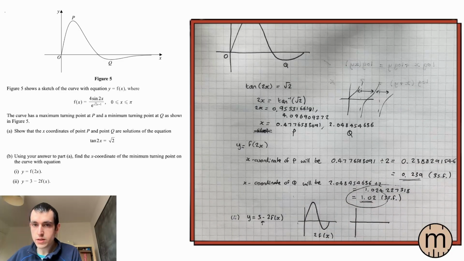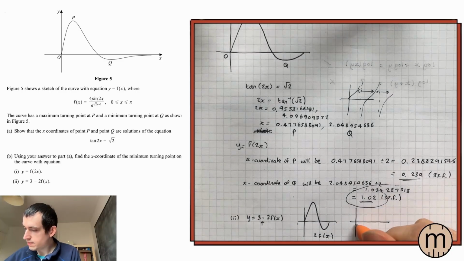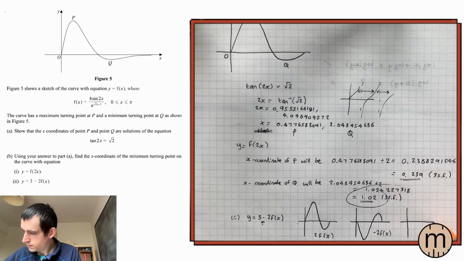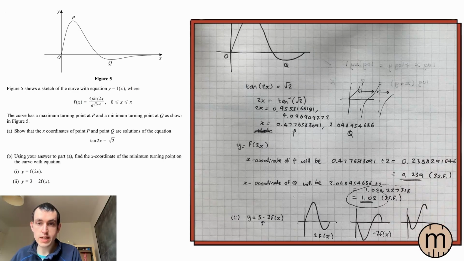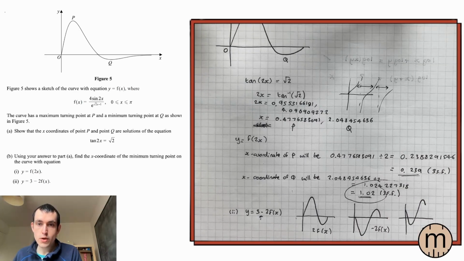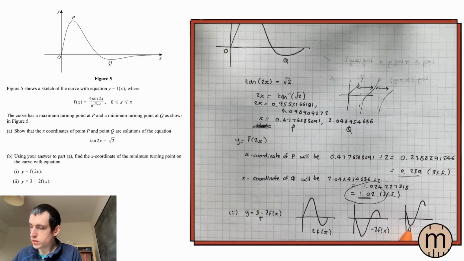Minus 2f of x will flip it, as I say. And then 3 minus 2f of x will move everything up by 3. Somewhat like that. But the x-coordinates have not changed.